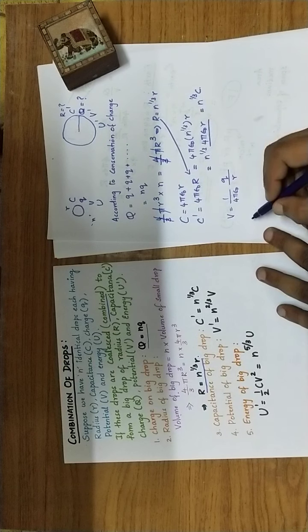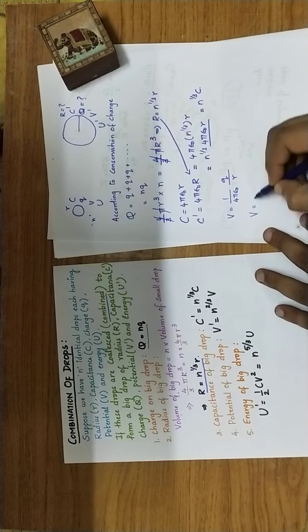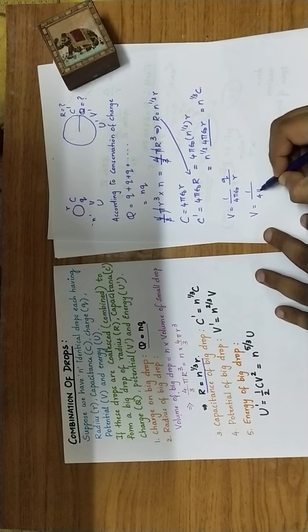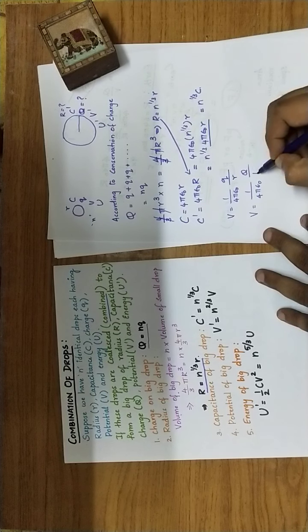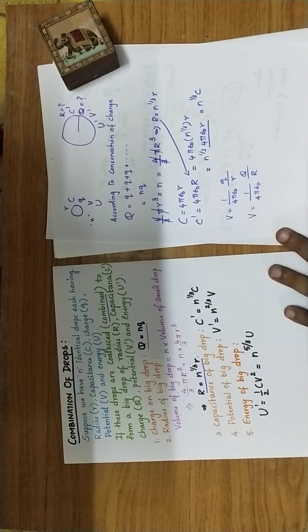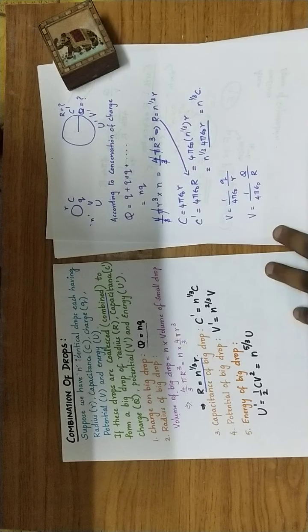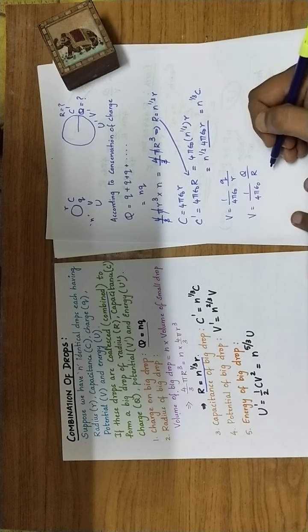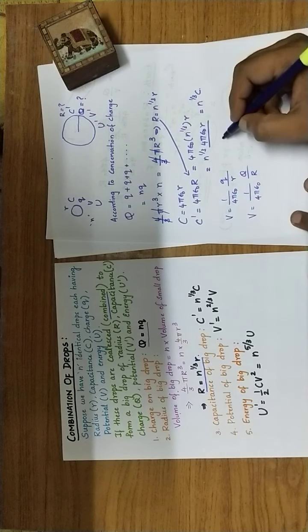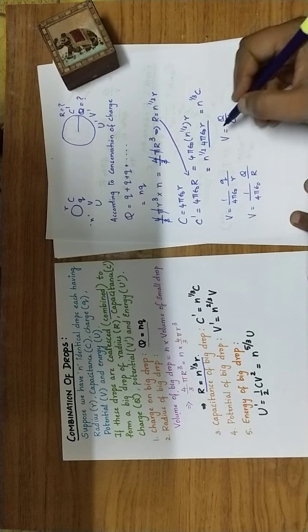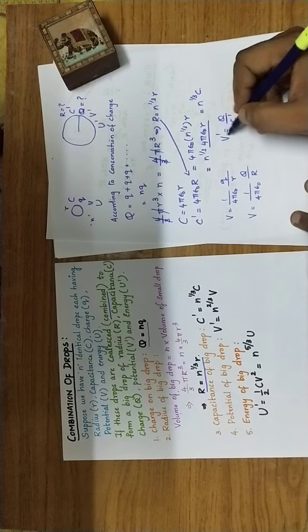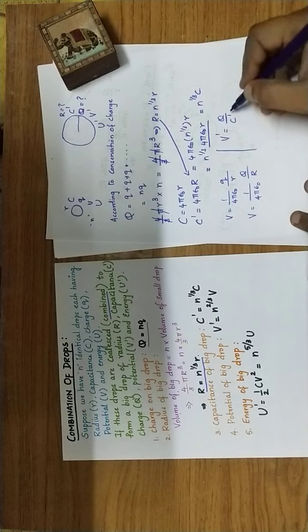Then the potential of the big drop will be 1 by 4 pi epsilon naught capital Q by capital R. Either you can do it this way, or you can use V equal to Q by C. I want to follow this method, that is V prime equals capital Q by C prime.